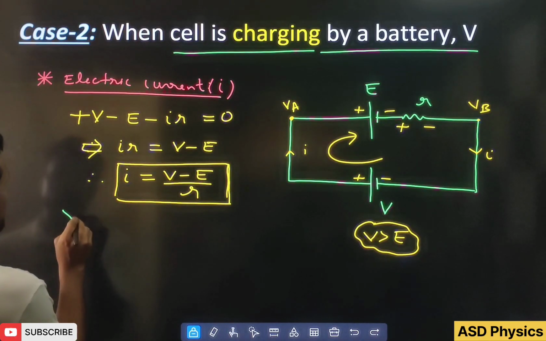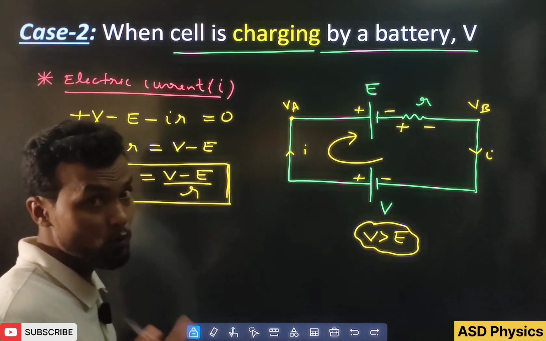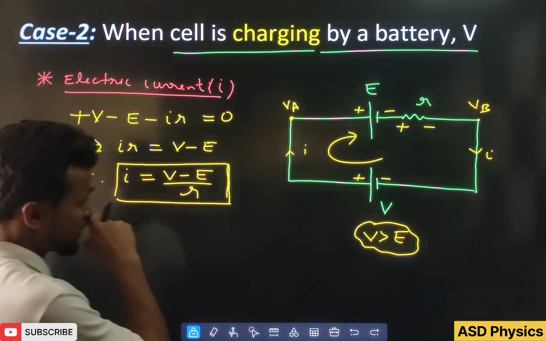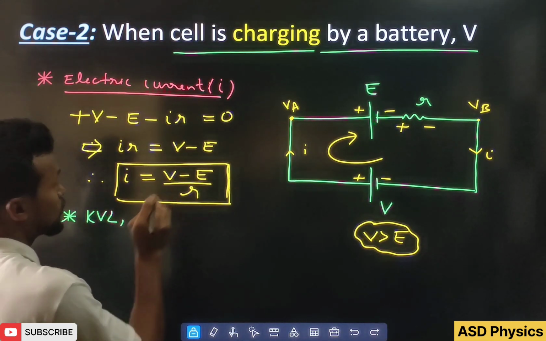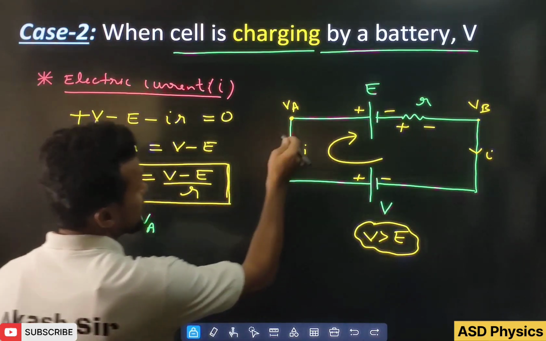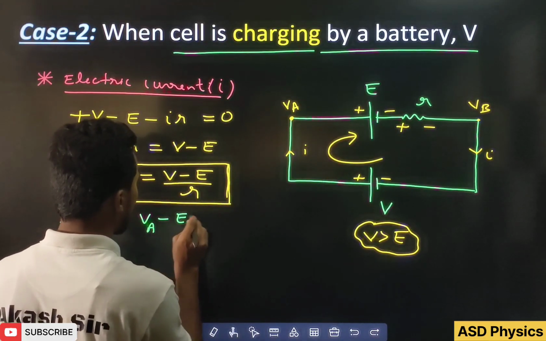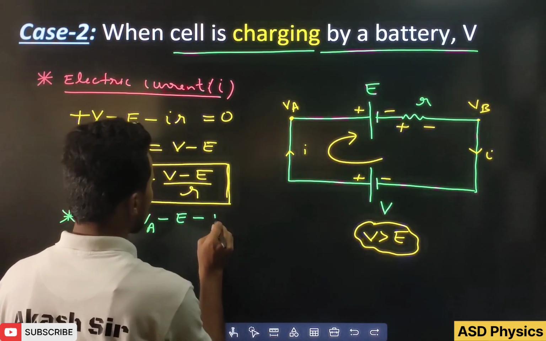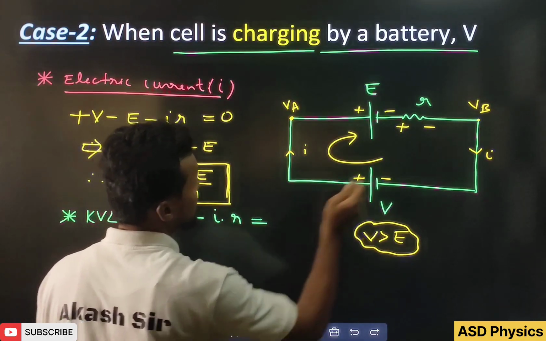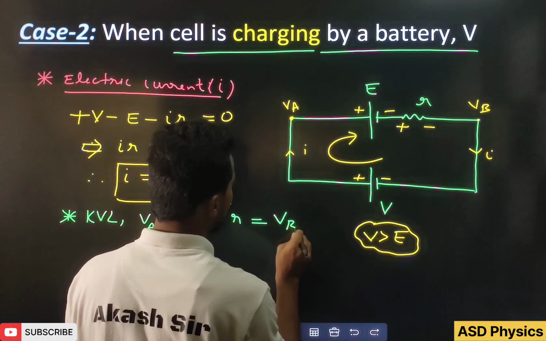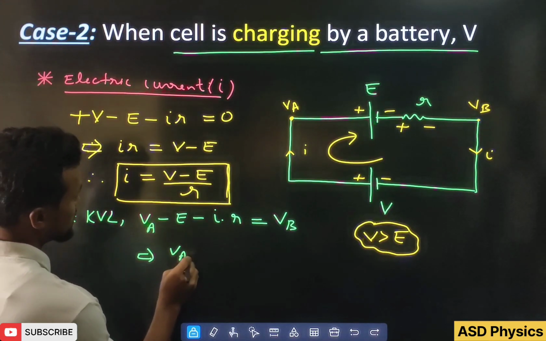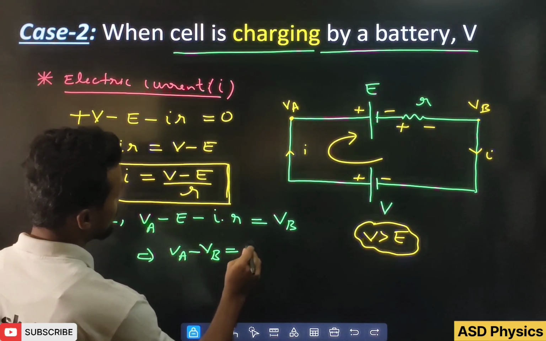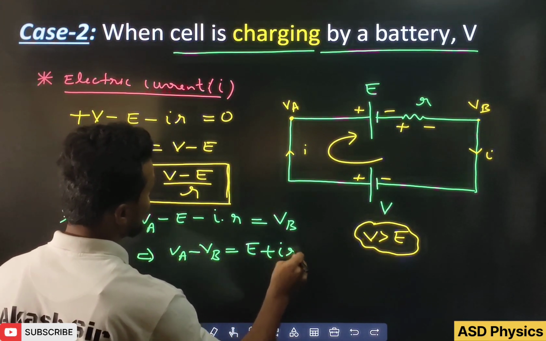Now students, next is the terminal potential difference, that is our main task. Again by the KVL, we start with VA, second sign minus E, again second sign minus I into R, where we reach point B. That means VA minus VB is equal to E plus IR.